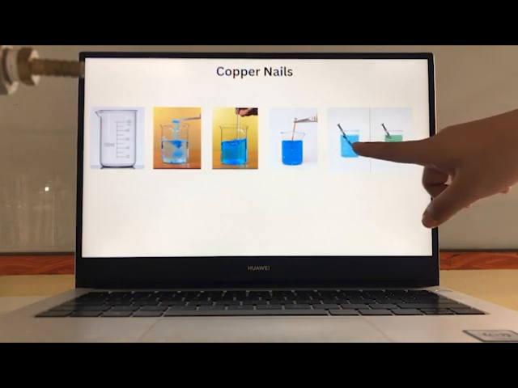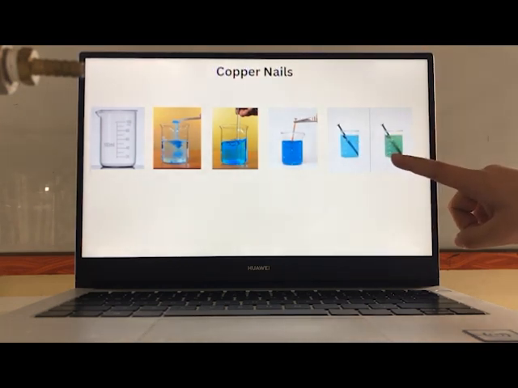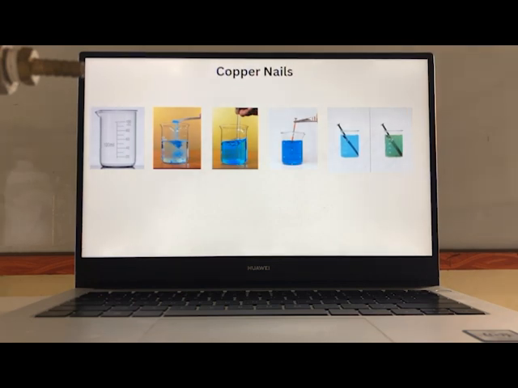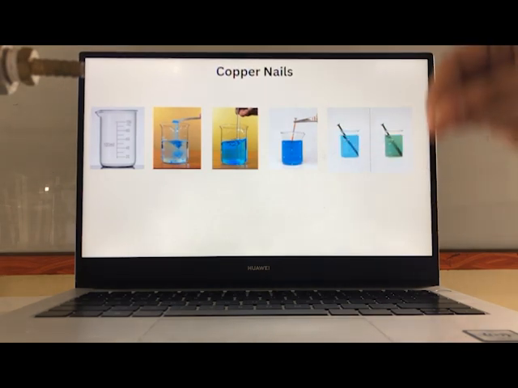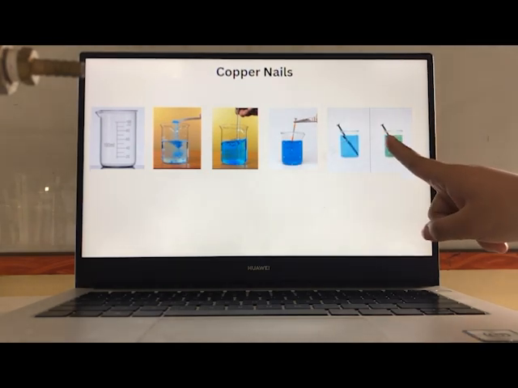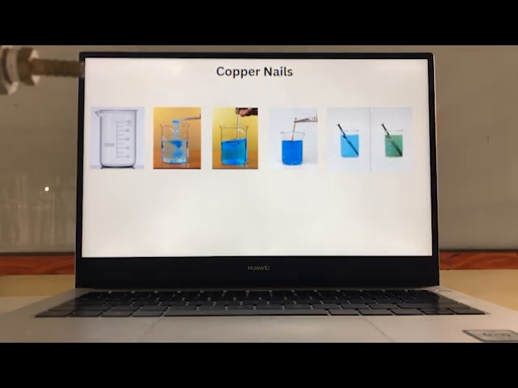So why did it turn into green after a few seconds? Here is some information I found on the internet. When an iron nail, or ferrum, is dipped in copper sulfate, a reaction takes place between them and the copper sulfate changes its color from blue to light green. This shows iron is more reactive than copper.